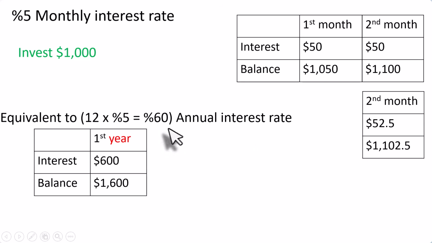So what happens if I have a 60% annual interest rate, but interest is being paid on a monthly basis, and that interest has a rolling effect based on my updated balance at the end of each month? This is the scenario where we call it an annual interest rate, but with monthly compounding periods or cycles.